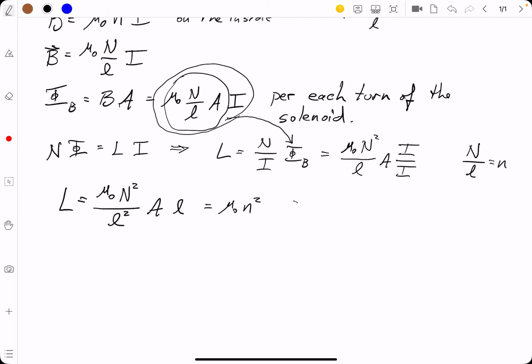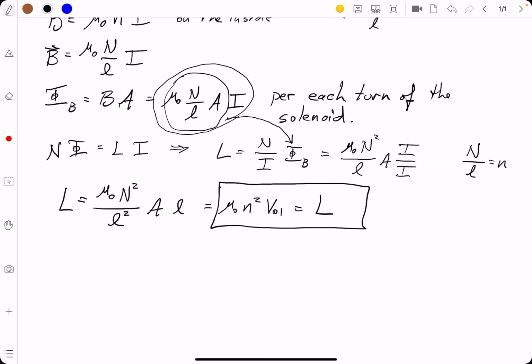So we've got n, and we then multiply by the volume. I'm not calling it a V. I'm always going to write VOL, because we don't see volume that often, so it keeps it distinct from voltages or velocities or any of the other V things. This is, again, the self-inductance for a solenoid.